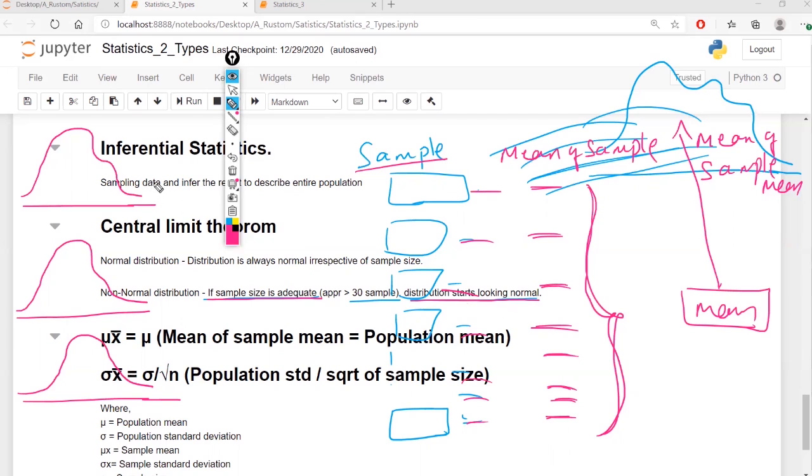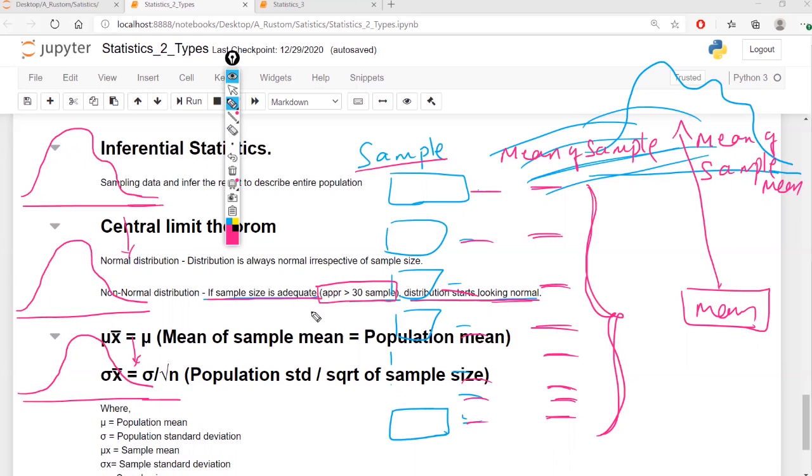If I take a sample, take a mean, and plot a graph, slowly it will start looking normal. It means that if my sample size is adequate, then I can assume the distribution of the data is normal. That is the thought here. All right.